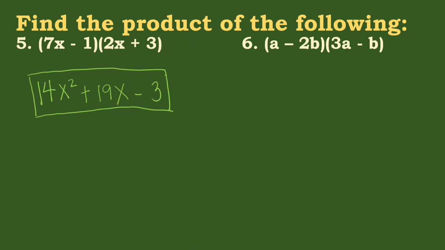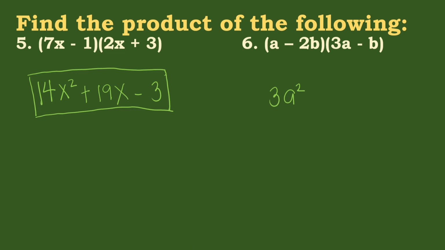Next, number 6. So in number 6, they are also similar binomials. The first terms involve a, and then the last terms involve b. So they are similar binomials. With similar binomials, we can combine mentally the outer and inner terms. So the first in the FOIL method would be a times 3a, which is 3a squared.